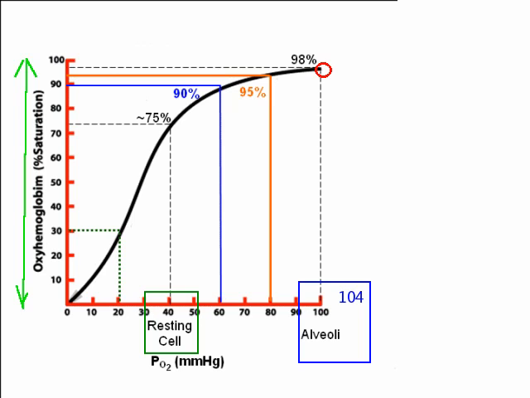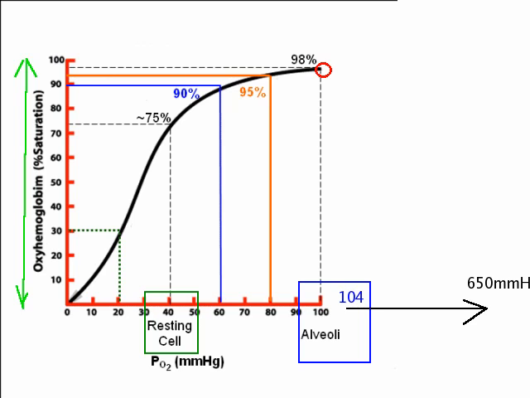In order for us to get to 100% saturation, in order for every single heme group in our body to be bound with an oxygen, we would have to increase, and I want you to get a hold of this, our partial pressure of oxygen to 650 millimeters of mercury.